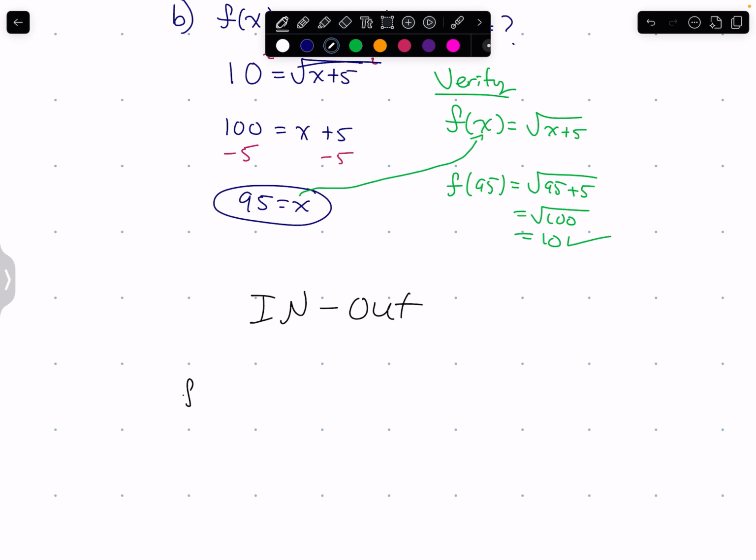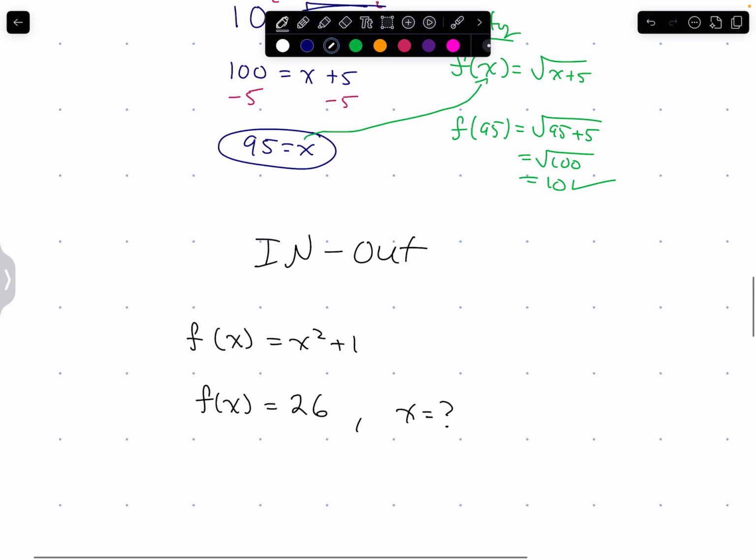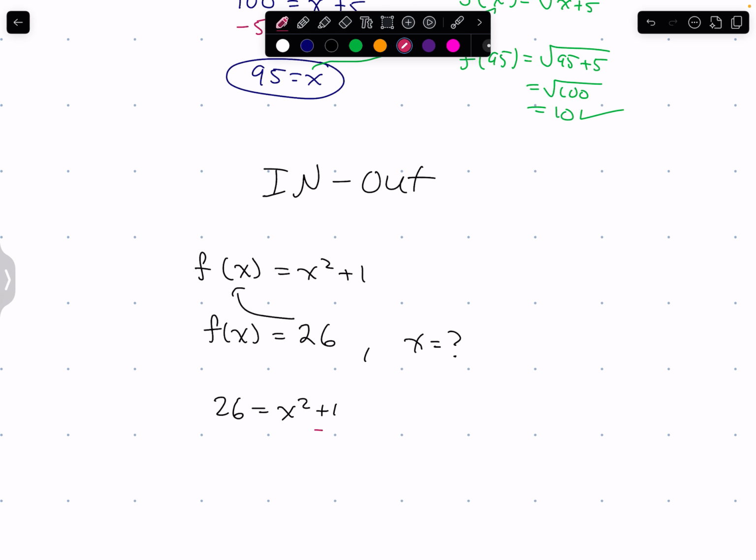Just one extra thing I want you to look at. When you have a function like this, x squared plus 1, and you're trying to solve, say, if I told you the output of my function was 26, what was x? What you have to do is put 26 in place of f of x and solve for x, which means we want x alone on one side, so get rid of that constant.